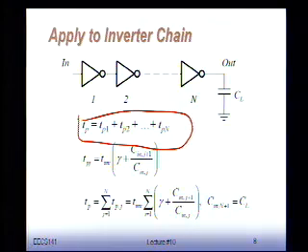Now I can use my equation for each of those gates. The propagation delay of gate TPj, the jth inverter in the chain, is going to be equal to T invert, again, constant, times gamma, plus the ratio of the load capacitance, which is the input capacitance of the next inverter, and its input gate capacitance.